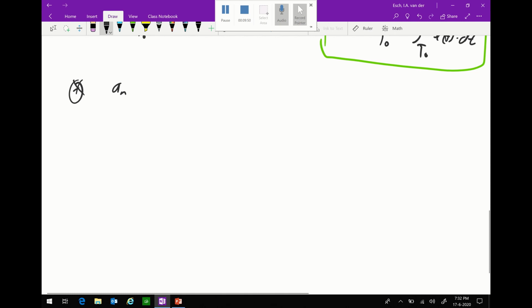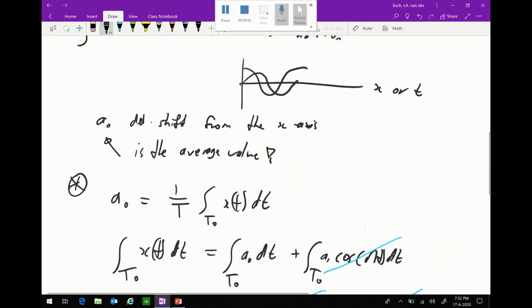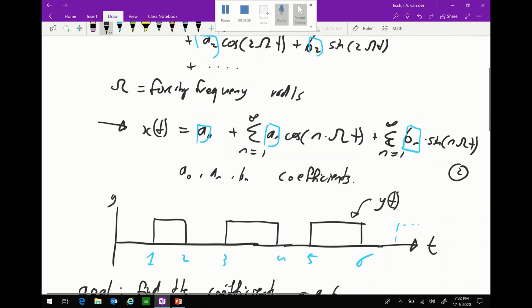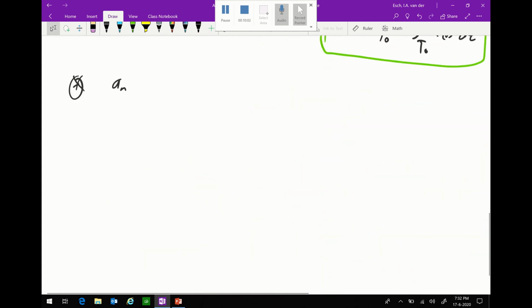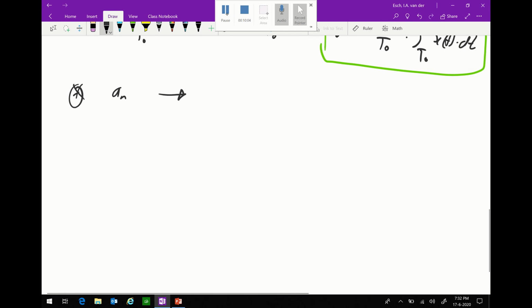So if we pre-multiply or post-multiply every term of equation 1 with cosine omega t. If we consider a1, then we multiply equation number 1 with cosine omega t.